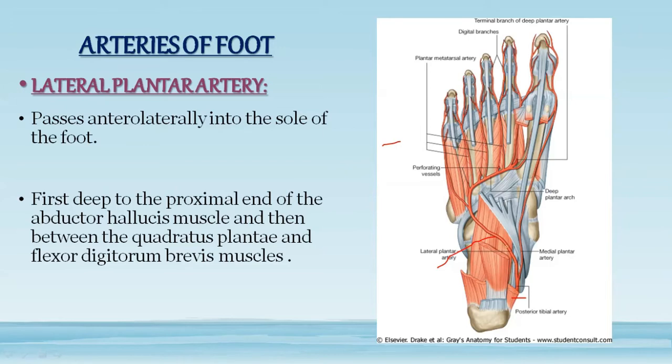Then it passes between the flexor digitorum brevis and the quadratus plantae muscle. This is flexor digitorum brevis and this is quadratus plantae. So first it passes beneath the abductor hallucis muscle and then between the quadratus plantae and the flexor digitorum brevis muscle.